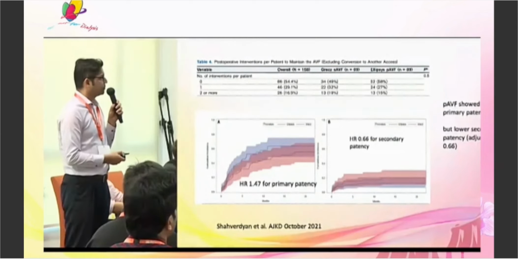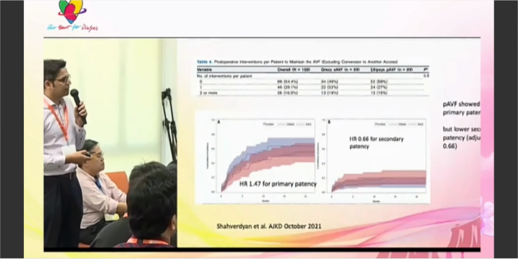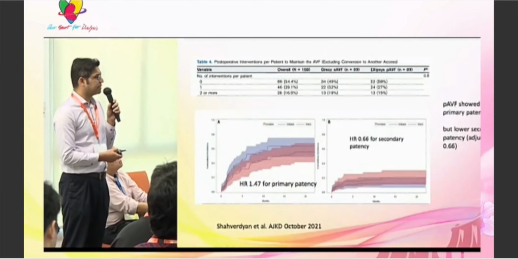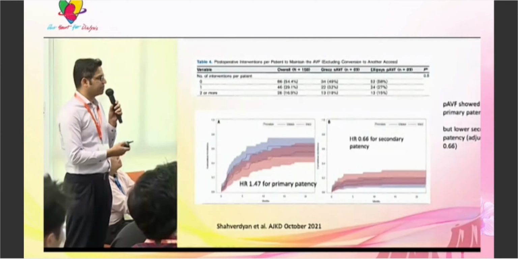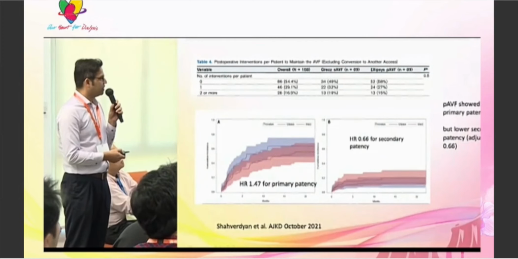Although they did some subgroup analysis, and it found that compared to surgically created fistulas which mimic the ellipsis fistula, the patency rates for ellipsis were better than the surgical one. So with this information, okay, let's move on.